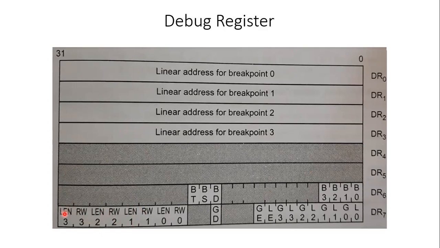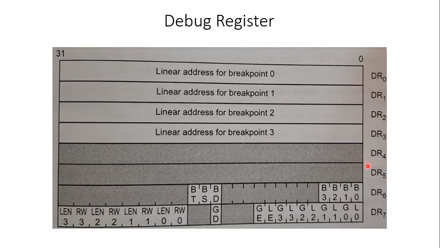So the debug register is a 32-bit register consisting of DR0 to DR7, a total of 8 debug registers, of which DR0 to DR3 hold linear addresses for the different breakpoints, 0 to 3. There are a total of 4 breakpoints.